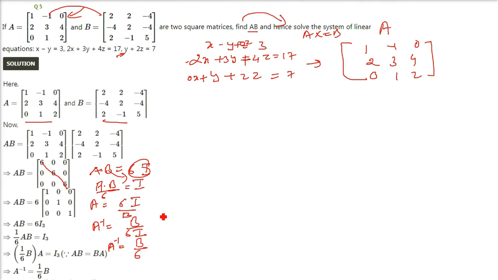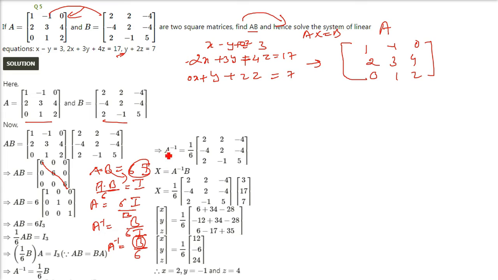Now, if you want to solve this using A inverse, so A inverse is this. X is A inverse into B. What is B here? It should be 3, 17 and 7. Since we have to use this A inverse to solve these equations, we'll use B as 3, 17 and 7.